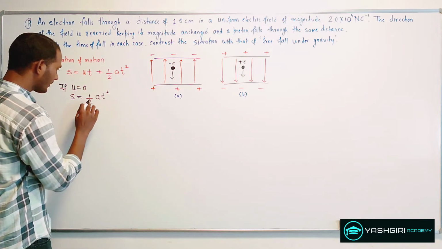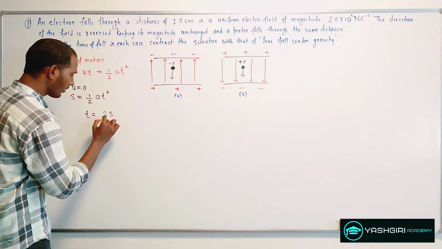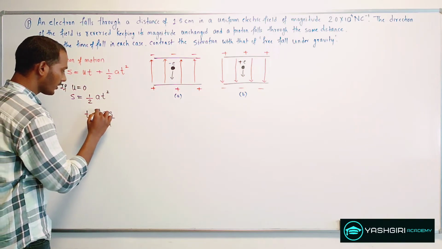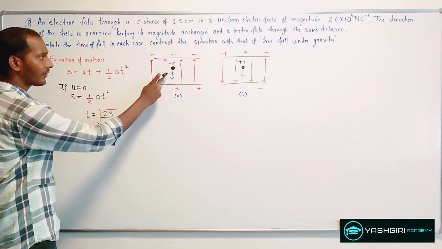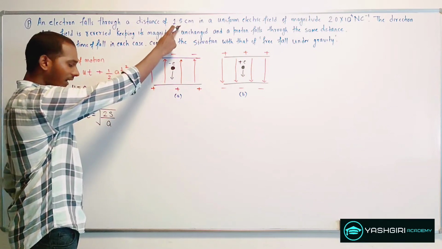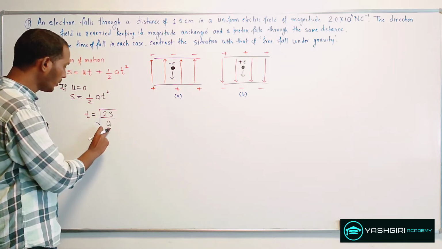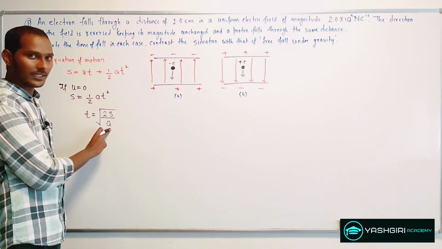I'll get it as the square root of 2 into s by a. So that's the time taken by an electron to cover a distance of 1.5 centimeters, where s is your distance. Here we don't know the quantity a, that is your acceleration.